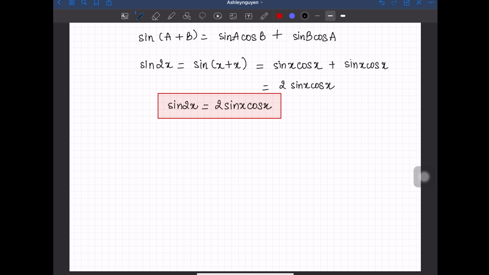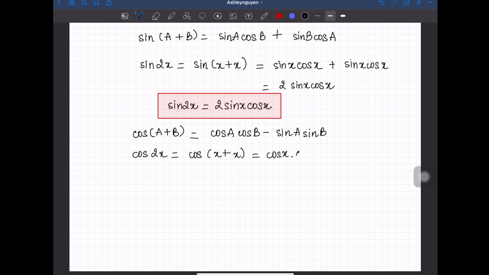And the next one, cosine A plus B equal to cosine A times cosine B minus sine A times sine B. And cosine 2x would equal cosine x plus x, which equals cosine x times cosine x minus sine x times sine x.